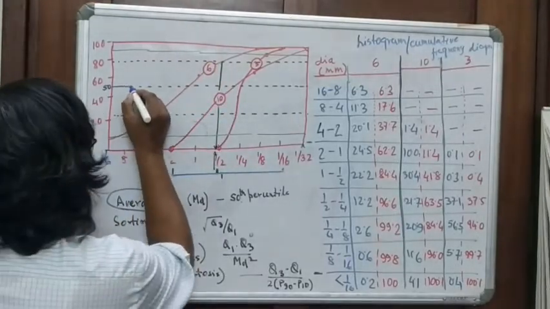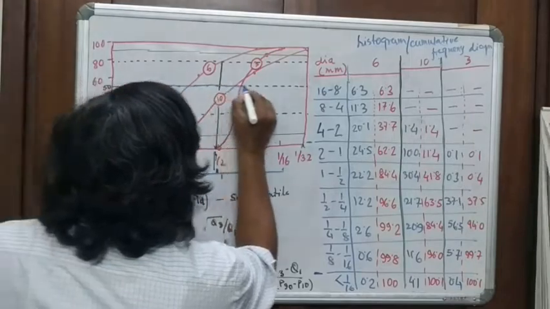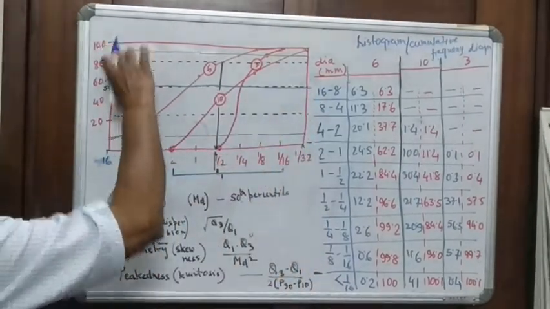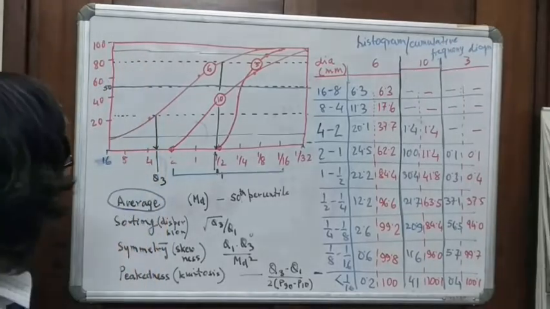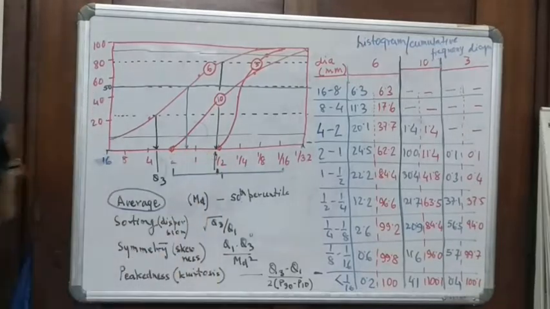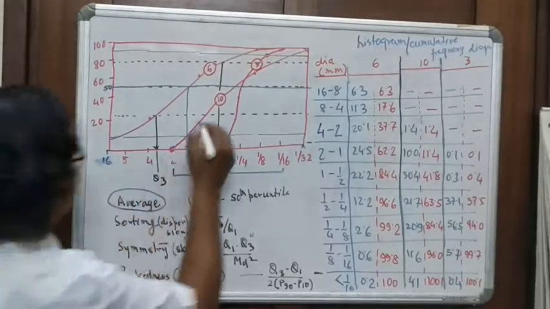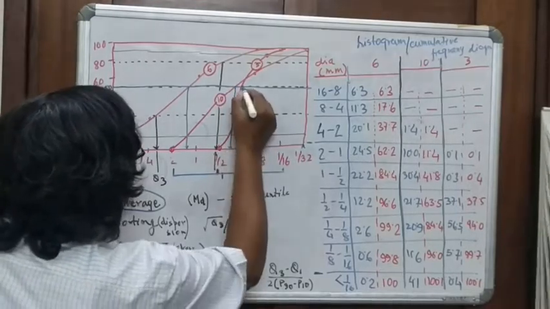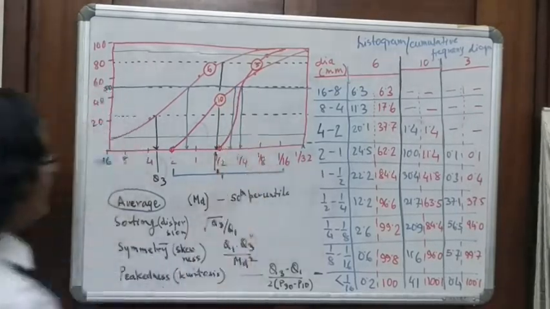If I draw a line at 50, my diagram is not correct, you see, this is much more, this is less. You ignore all that. But this is the mean size of 6, this is the mean size of 10, and this is the mean size of 3.